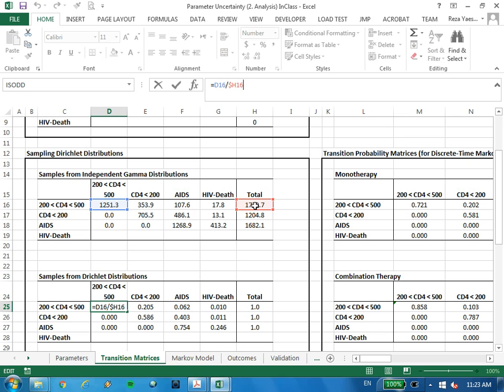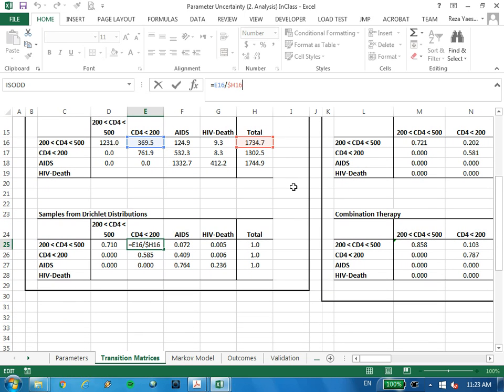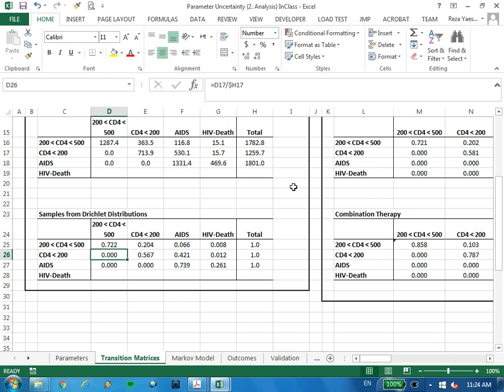So this divided by this gets us this, the second probability. Okay? So this is how we generate random numbers from a Dirichlet distribution.